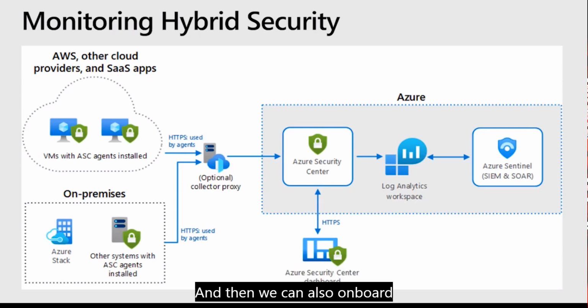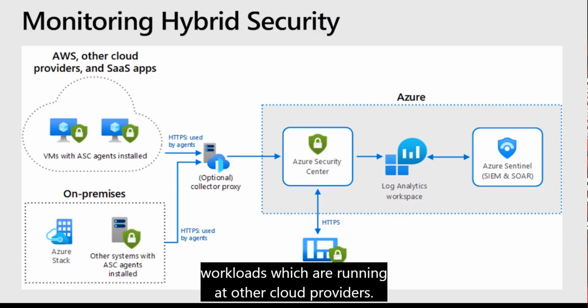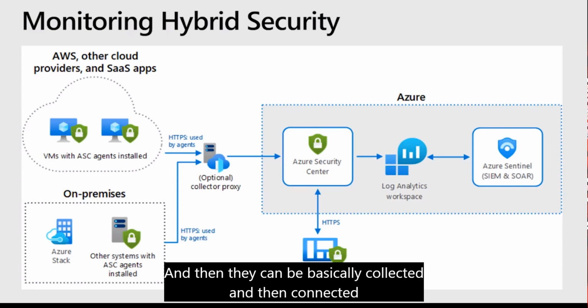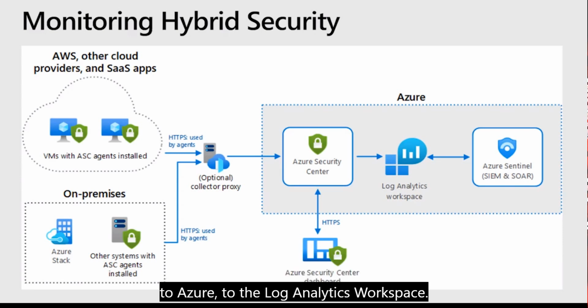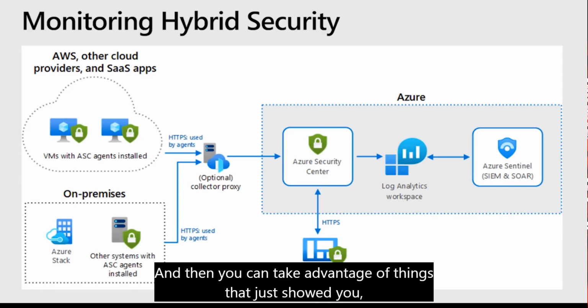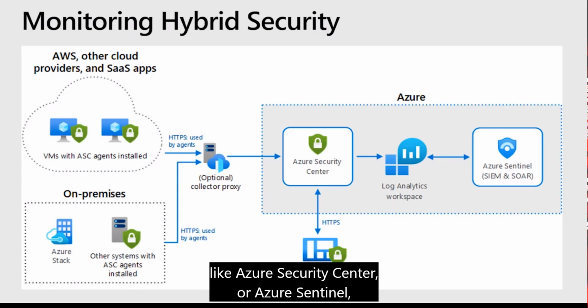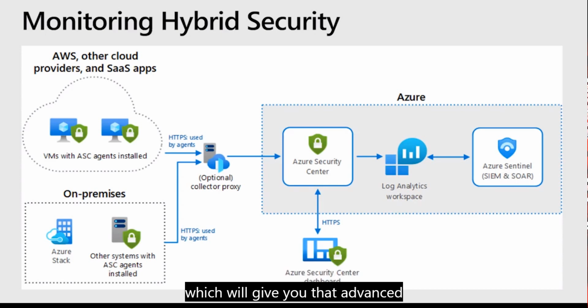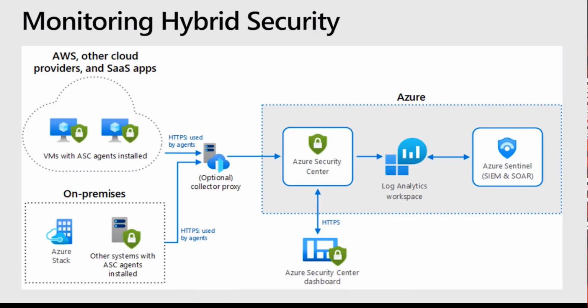And then we can also onboard workloads which are running at other cloud providers. They can then be collected and connected to Azure, to the Log Analytics workspace. And then you can take advantage of things I just showed you, like Azure Security Center or Azure Sentinel, which will give you these advanced security services.